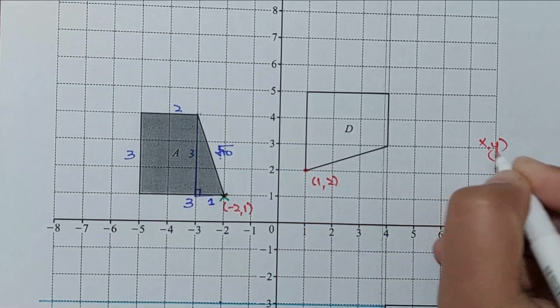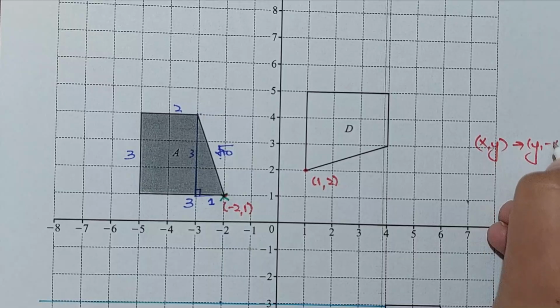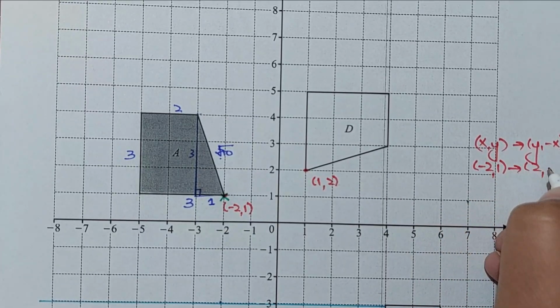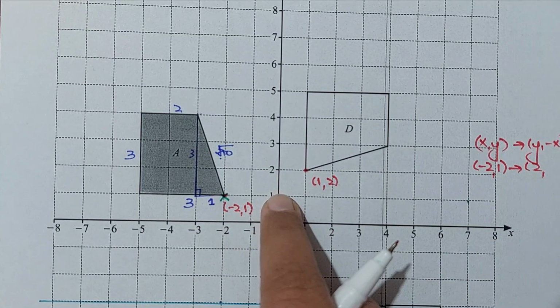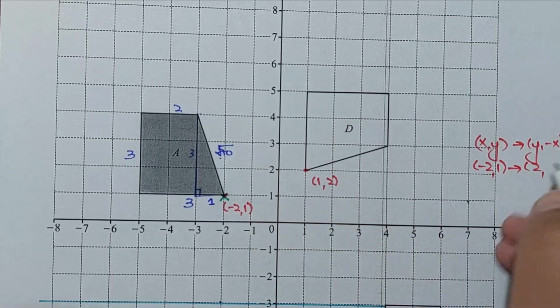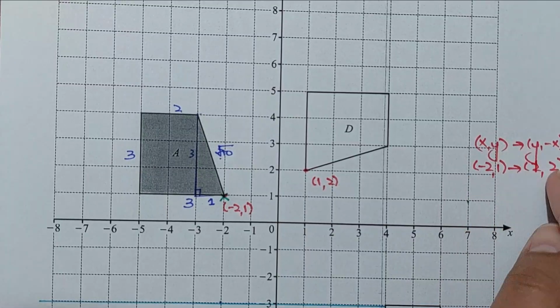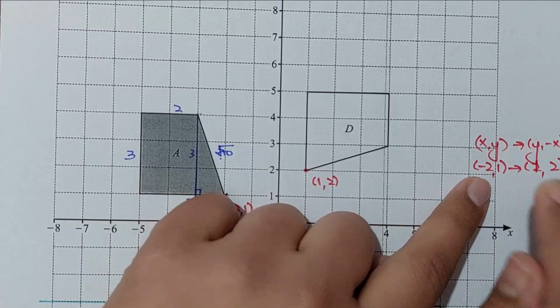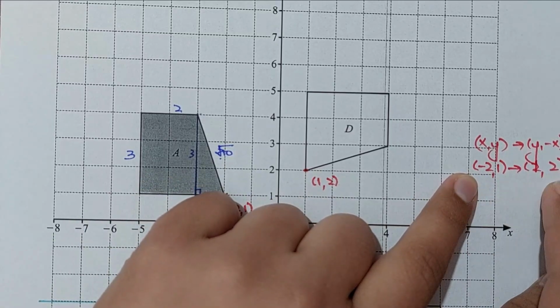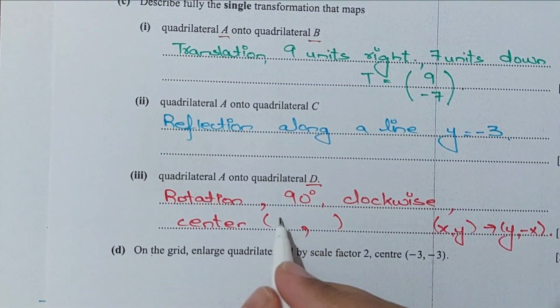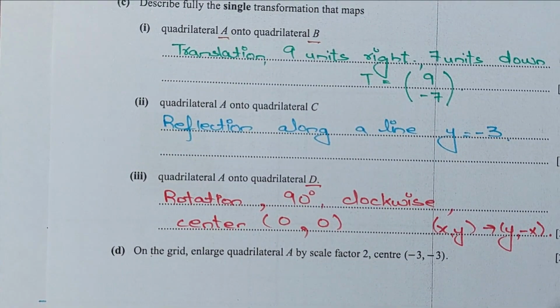So (x, y) changes to (y, -x), so -2, 1 changes to 1, 2. You can see -2, 1 changes to 1 and +2. So (x, y) changes to (y, -x). So this is a rotation about the origin. The center is the origin.